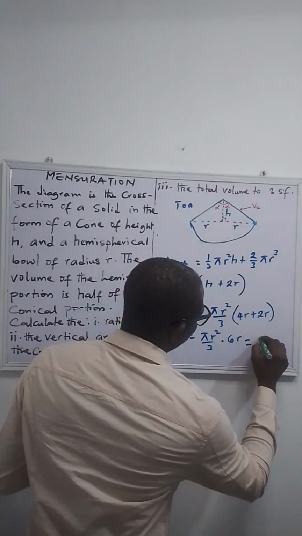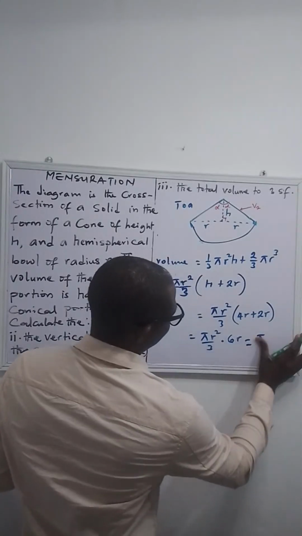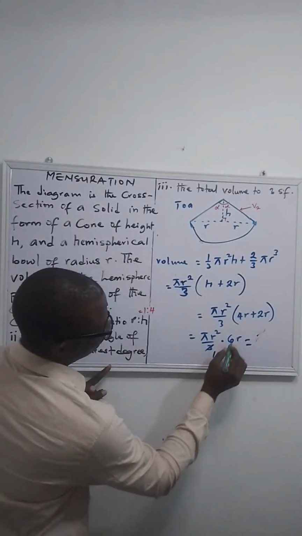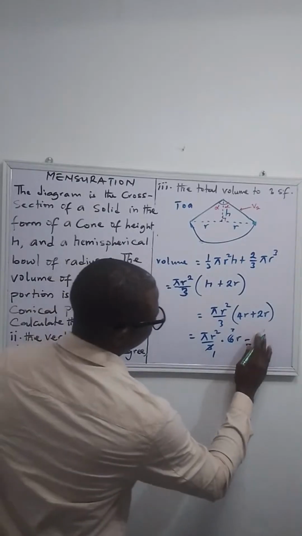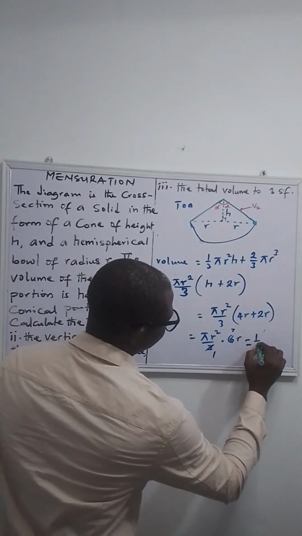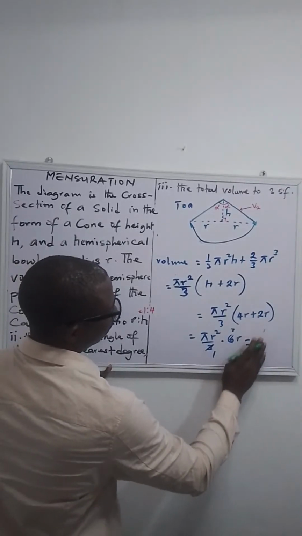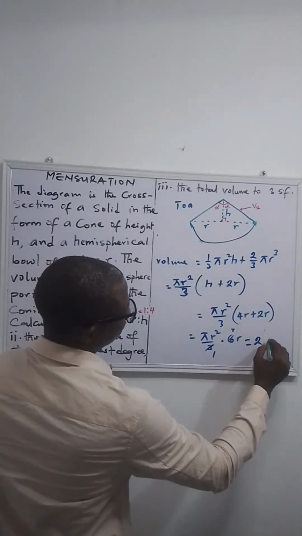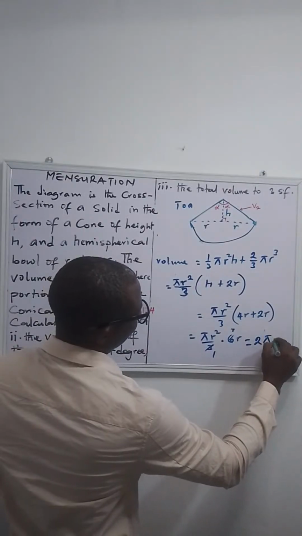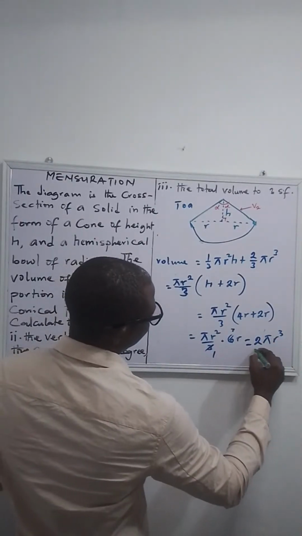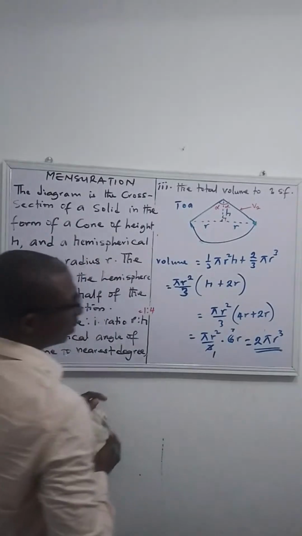We have pi, and 3 goes there 1, 3 goes here 2. So that's going to be 2, sorry. So that's 2 pi r cube. So that is what we're going to have.